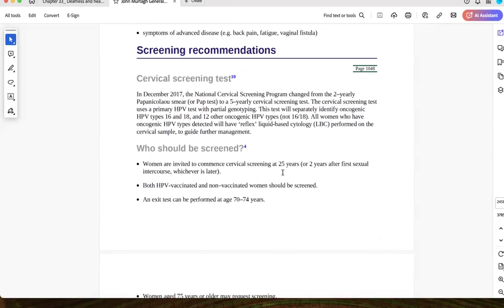So this was the one that I was going through. So women are invited to commence cervical screening at 25 years or 2 years after the first sexual intercourse, whichever is later. So what do you really mean by it?